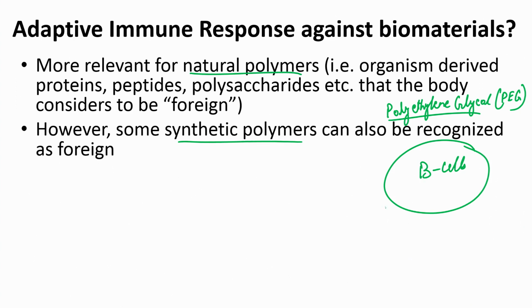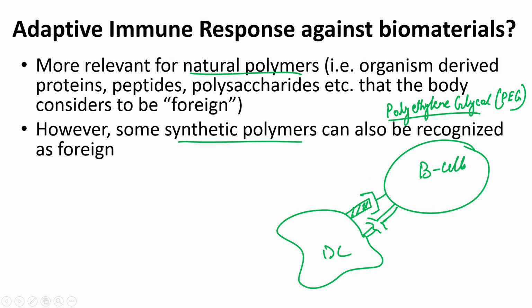when they then bind to the DC through their receptors, and whatever this receptor might be, once it has affinity and recognition, and obviously there is a co-stimulation that also happens. Once that has happened, these B cells will then start producing these antibodies, and these antibodies are nothing but these Y-shaped structures.